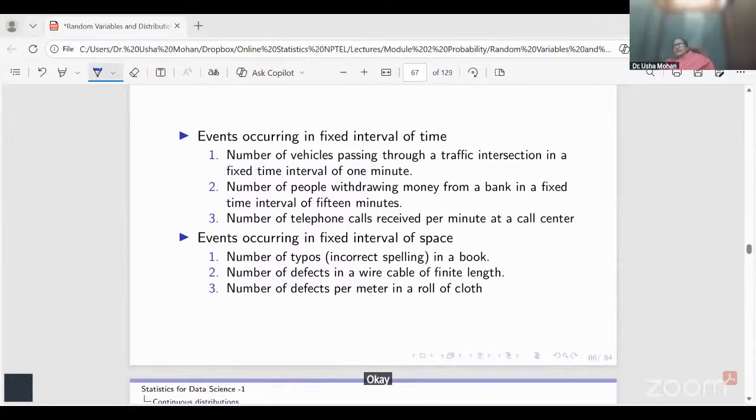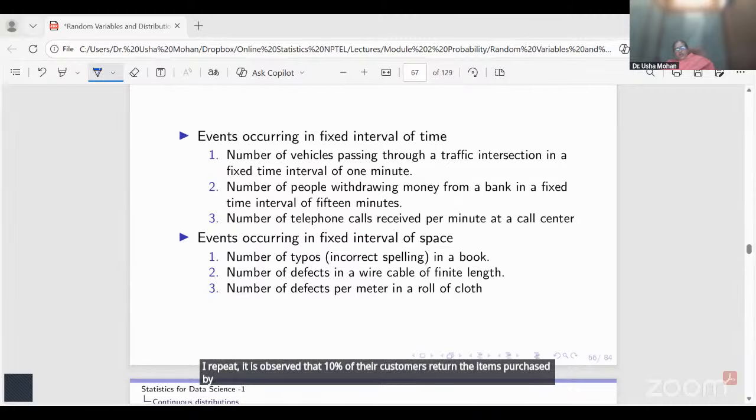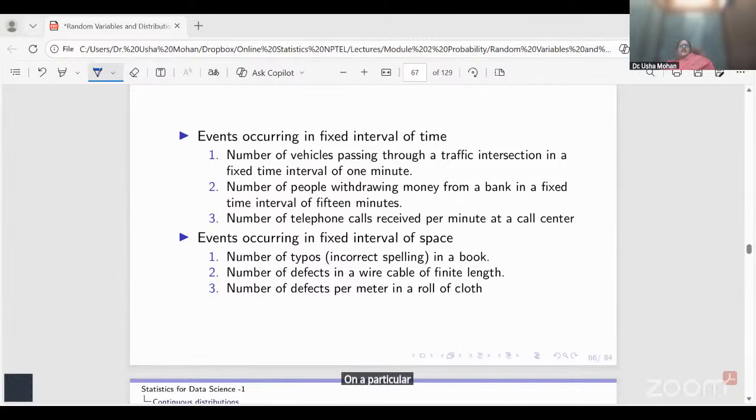Take it to be Myntra or Nike or anything of that kind. It is observed that 10% of the customers return the items purchased by them. On a particular day, 20 customers purchased items.